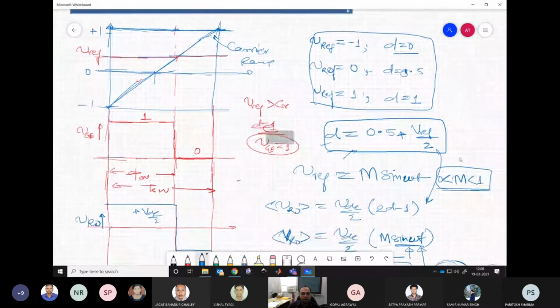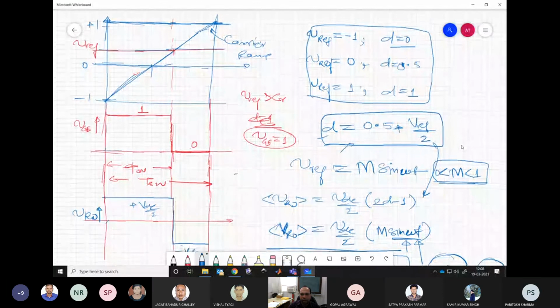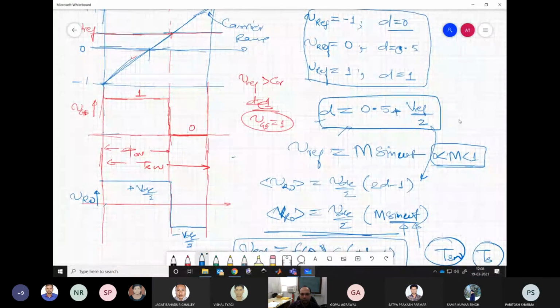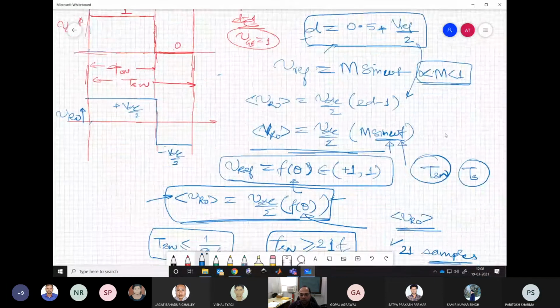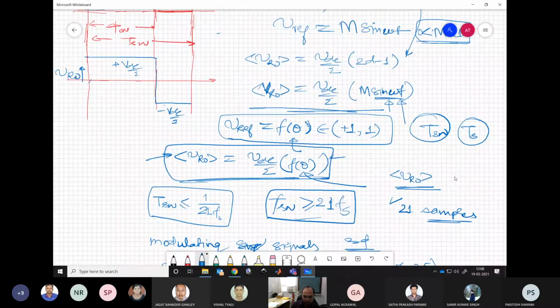So this is what we have seen: the relationship between the Vref component and the gate emitter voltage, and how it is related to the average pole voltage. In general, our average pole voltage is a function of theta times VDC by 2.